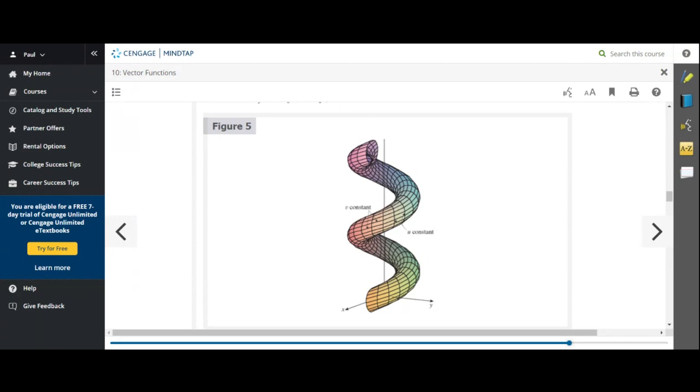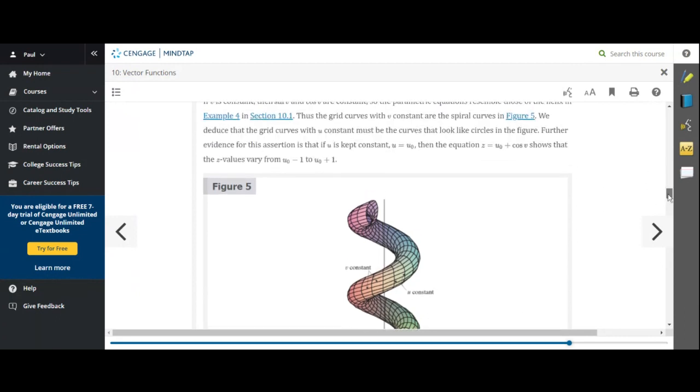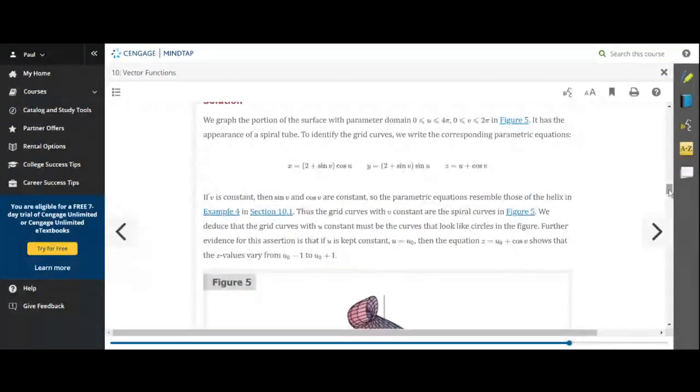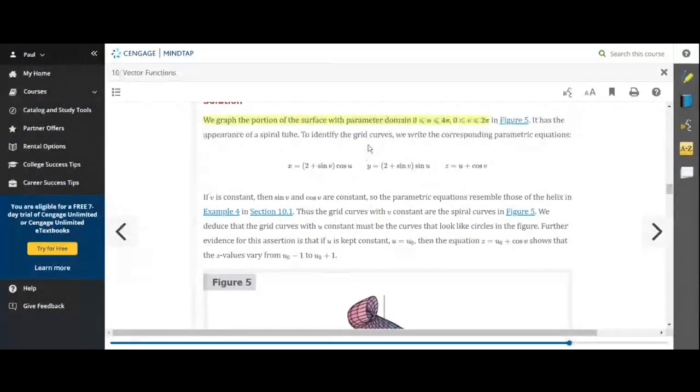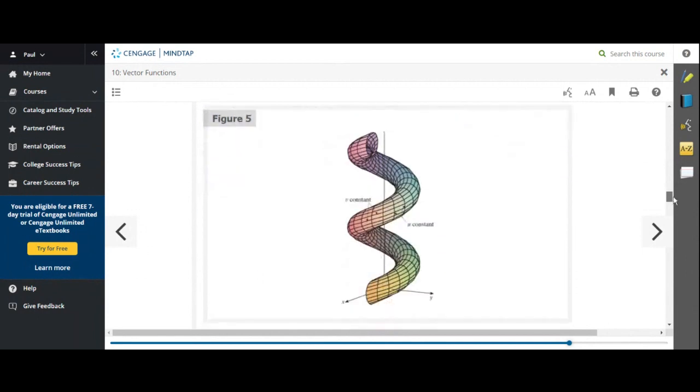What they're saying in the problem here is they're going to graph a portion of the surface where they're letting U be between 0 and 4 pi. So that'll trace out 2 revolutions, and V is between 0 and 2 pi. Okay, so they're restricting V so that your radius is restricted.